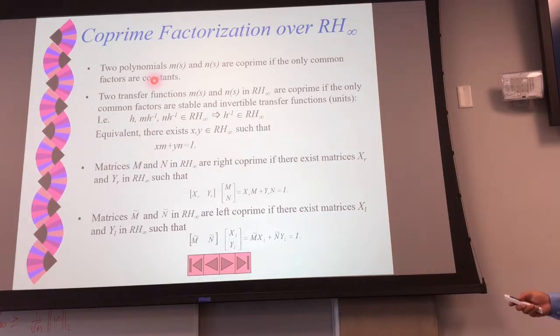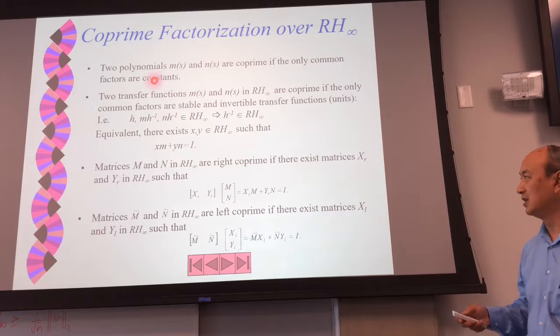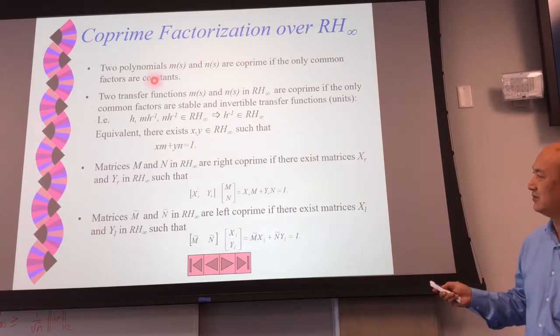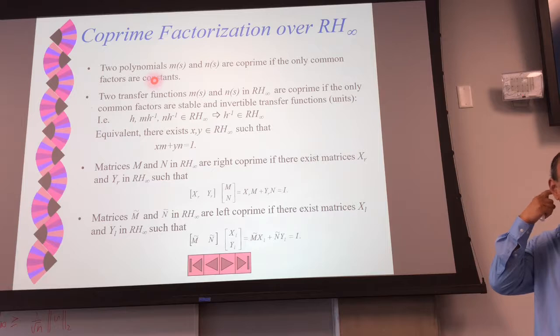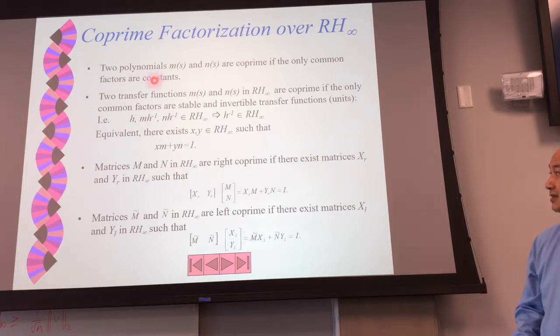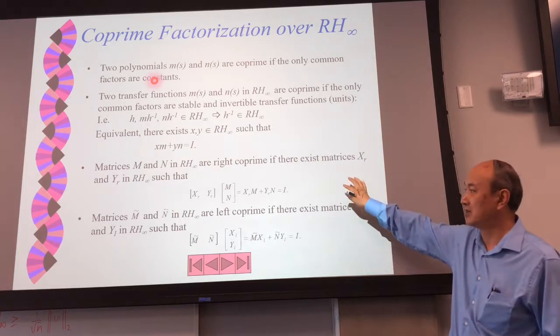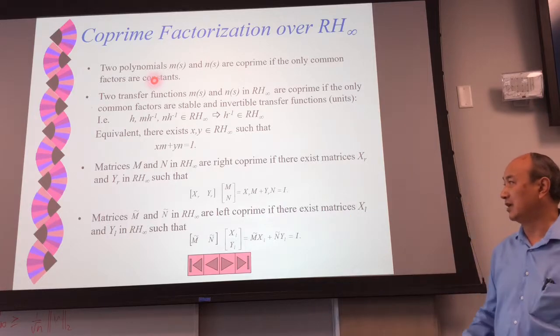We have a subscript R meaning right. So you have something very similar to the scalar case; it's also the Bezout identity in the MIMO, matrix case. This is already a well-established definition.